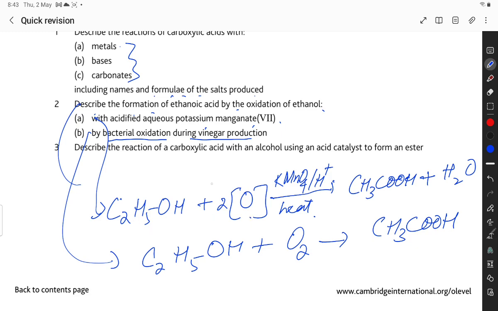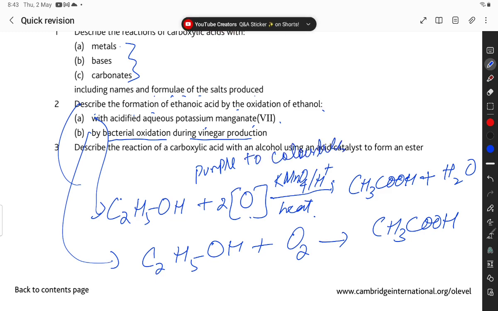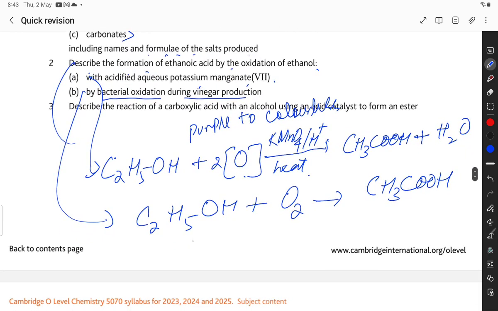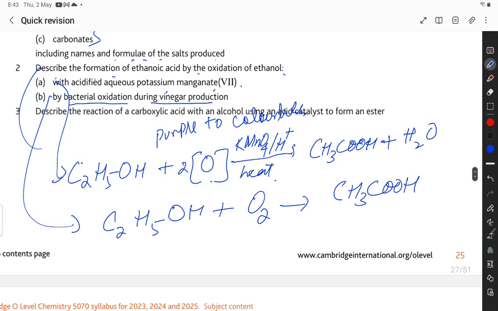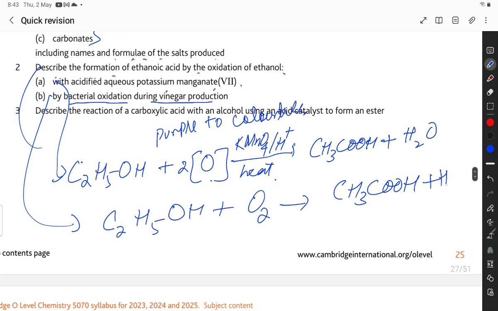The ethanol is oxidized, and the observation is purple to colorless. C2H5OH plus O2 forms CH3COOH plus water. The second way is bacterial oxidation during vinegar production.